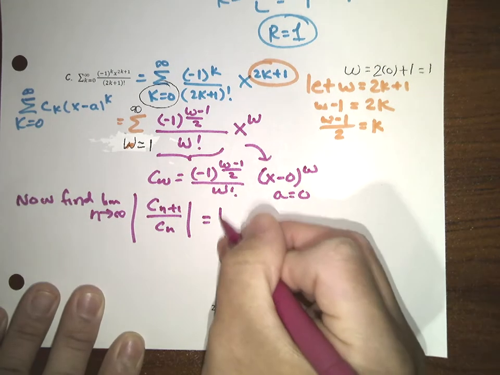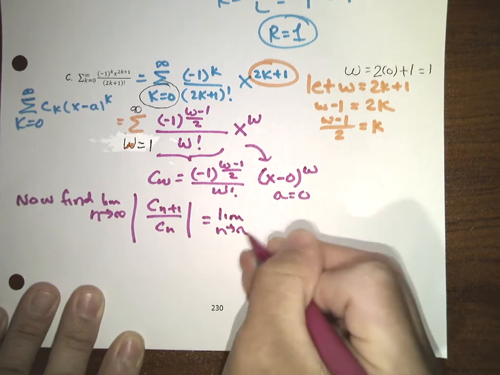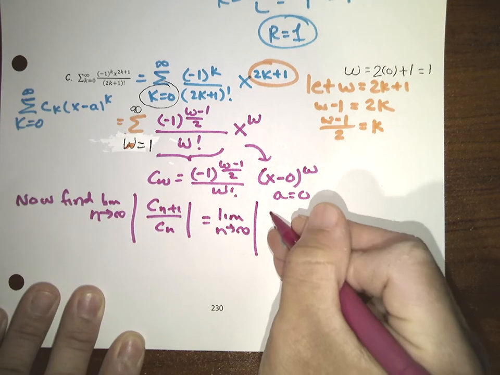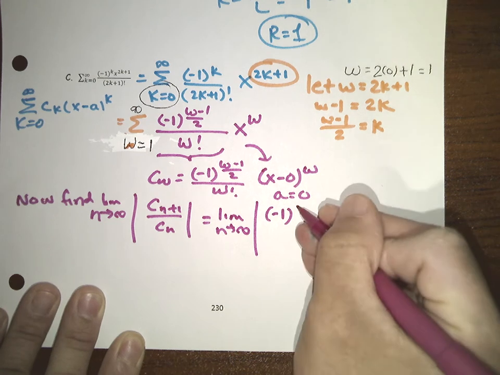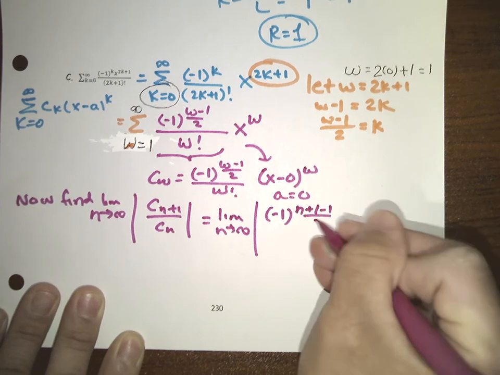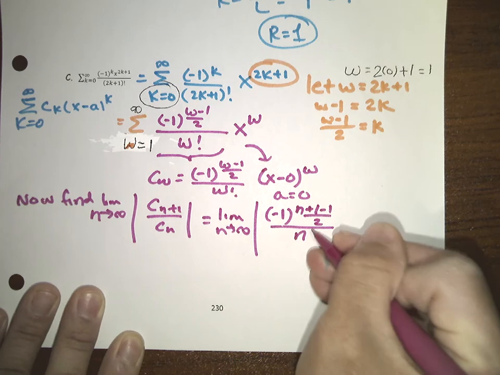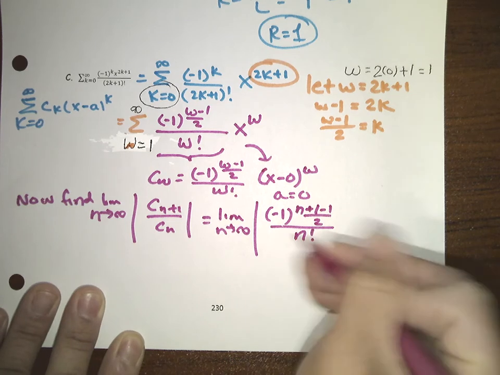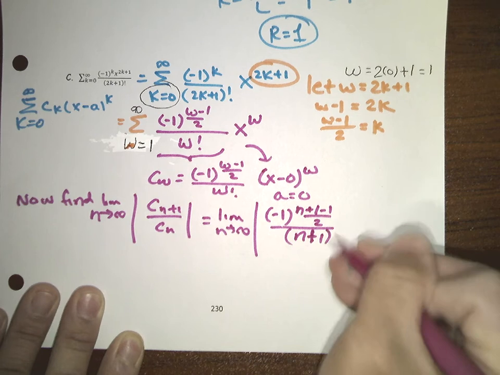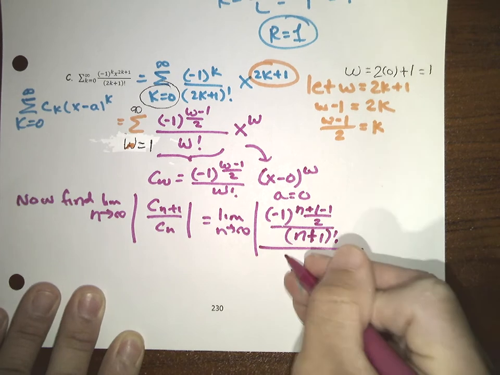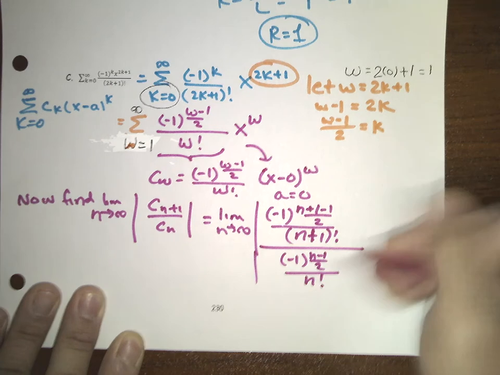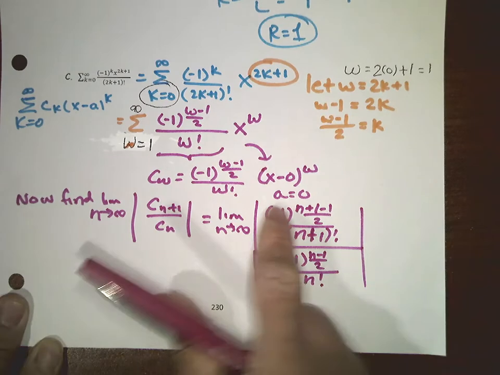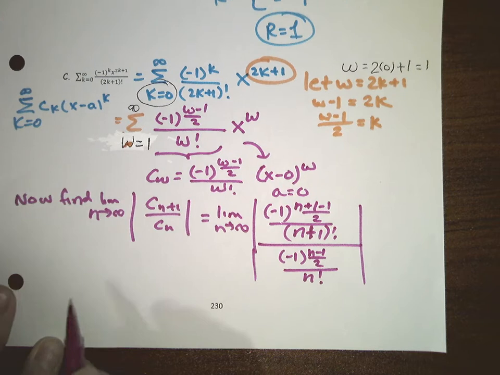So this is the limit as n goes to infinity of negative 1 to the n plus 1 minus 1 over 2, over n plus 1 factorial, all over negative 1 to the n minus 1 over 2 over n factorial. And because this is absolute value, I don't need the negatives anymore.